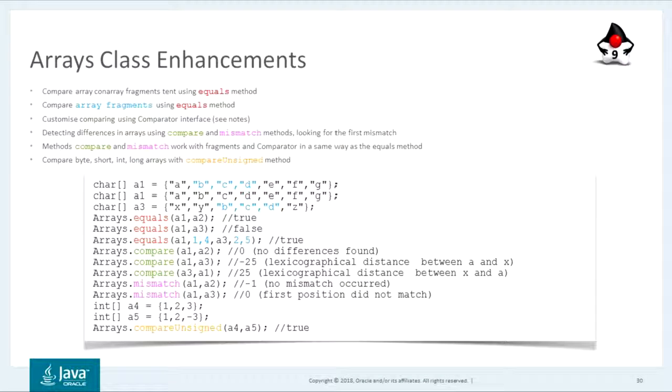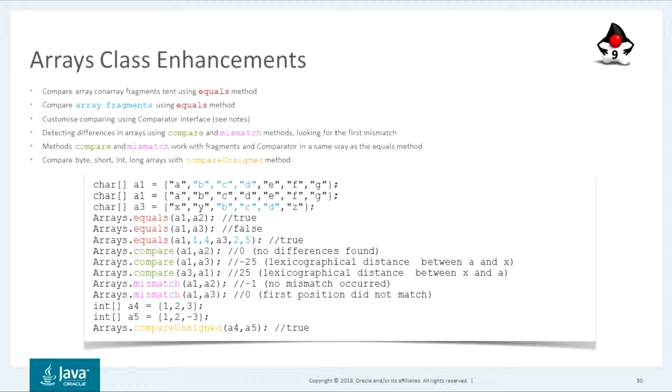Small but probably very convenient enhancements to the Arrays class. The Arrays class now has a method called equals that allows you to actually compare the content in the array. So imagine you've got these three arrays, A1, A2 and A3. I've probably just made a typo on the second line, it should be A2, my fault. Say I'm comparing A1 to A2, and because they have the same content, it says true, they're equal.